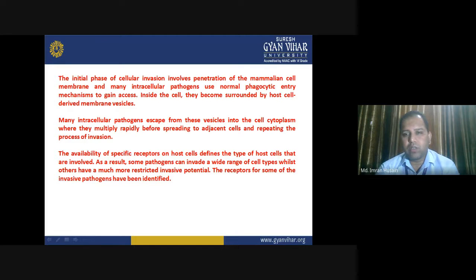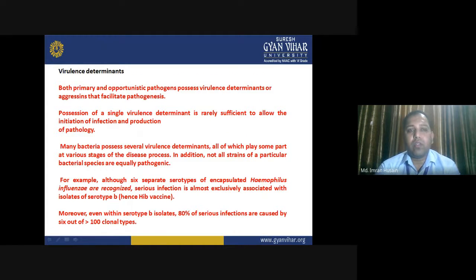So the receptors for some of the invasive pathogens have been identified. Virulence determinants. So what are the things that initially determine the virulence capacity? Both primary and opportunistic pathogens possess virulence determinants or aggressions that facilitate the pathogenesis.